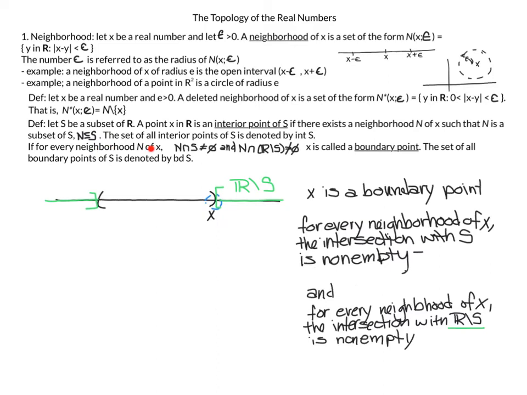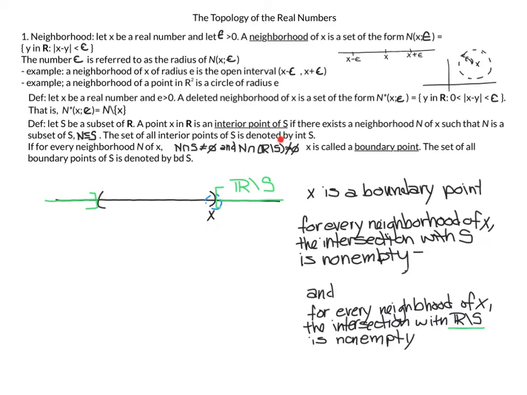Here is the formal definition of a boundary point: when you look at a neighborhood with a small epsilon, part of it will intersect S. In other words, the intersection of the neighborhood and S is non-empty. And the second condition is that part of the neighborhood will intersect R minus S, the complement of S, and that again is everything outside this interval.